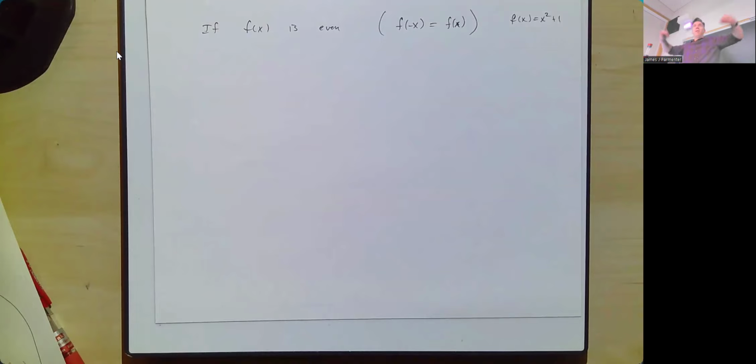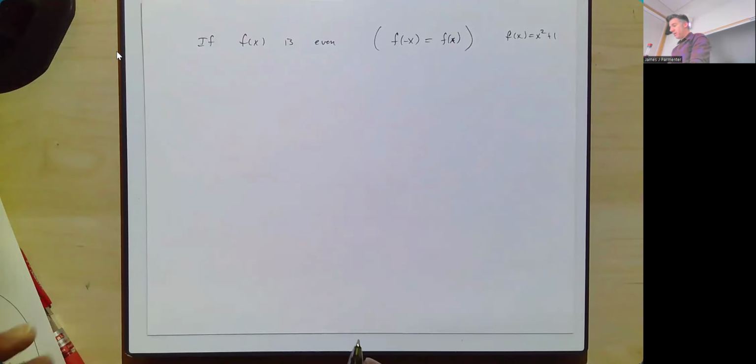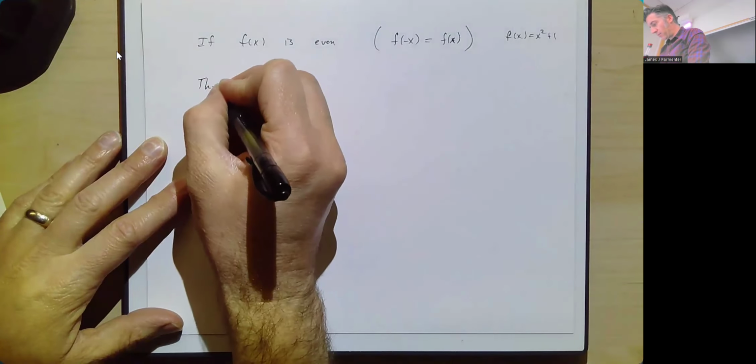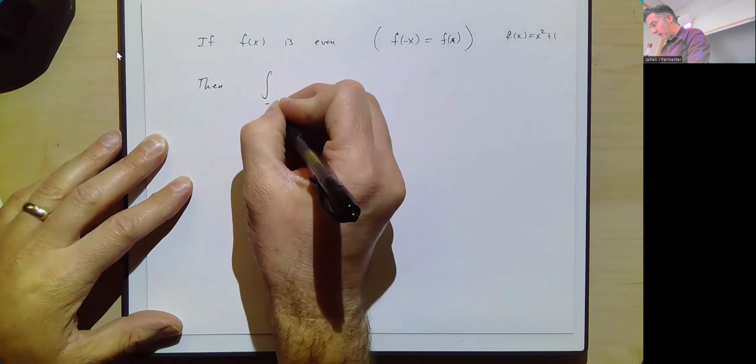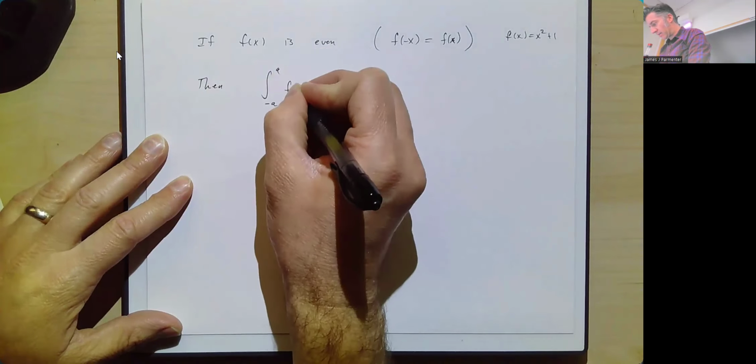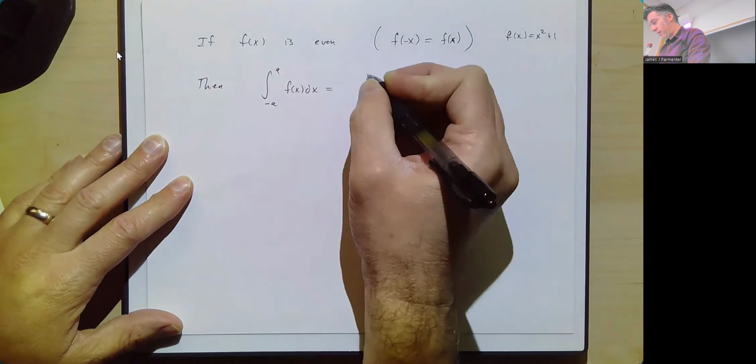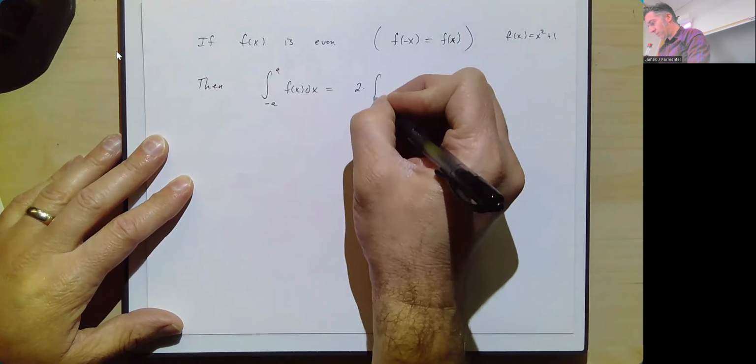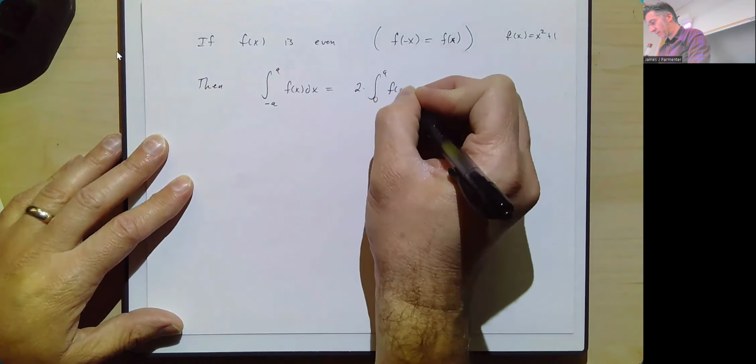Think about that parabola. That parabola is an even function, has symmetry about the y-axis. Then the integral from negative a to a of f of x is equal to twice the integral from 0 to a of f of x.